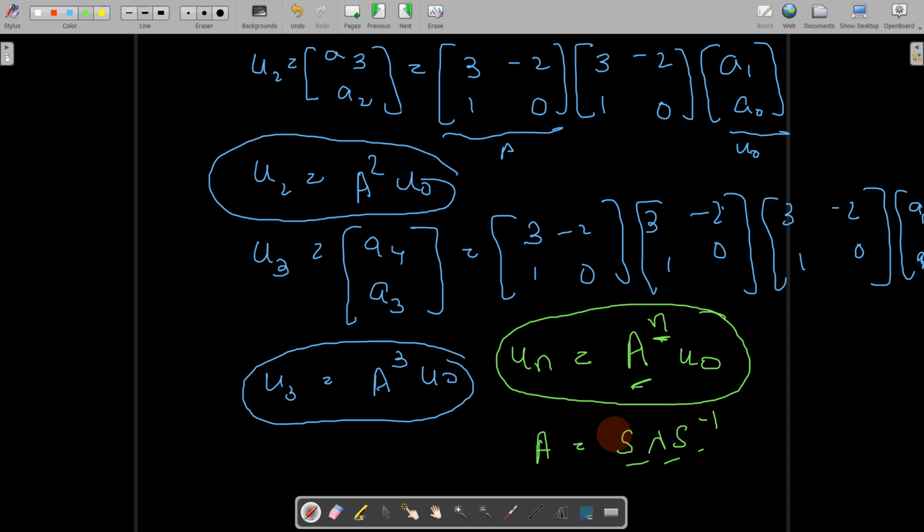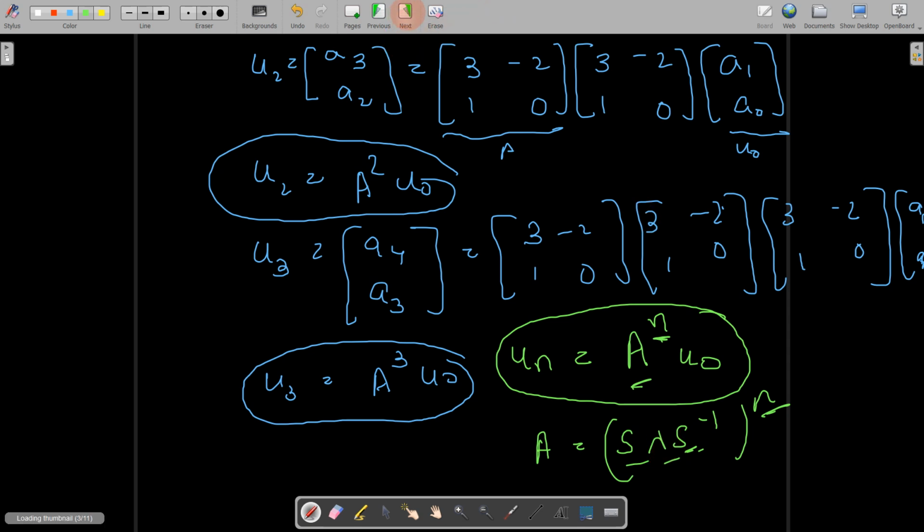Okay, if we have to take the nth power of this, we know S inverse is converting the original inputs into eigen coordinates, and in eigen coordinates, any power of the transformation matrix is nothing but the power of the eigenvalues, or just a stretch.